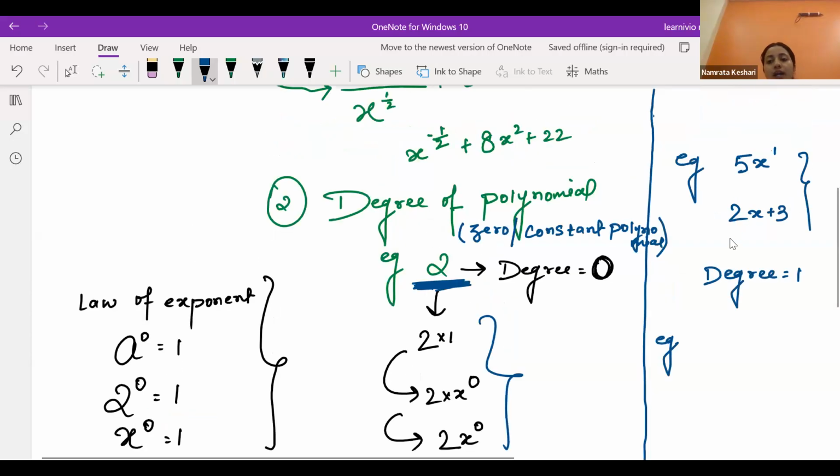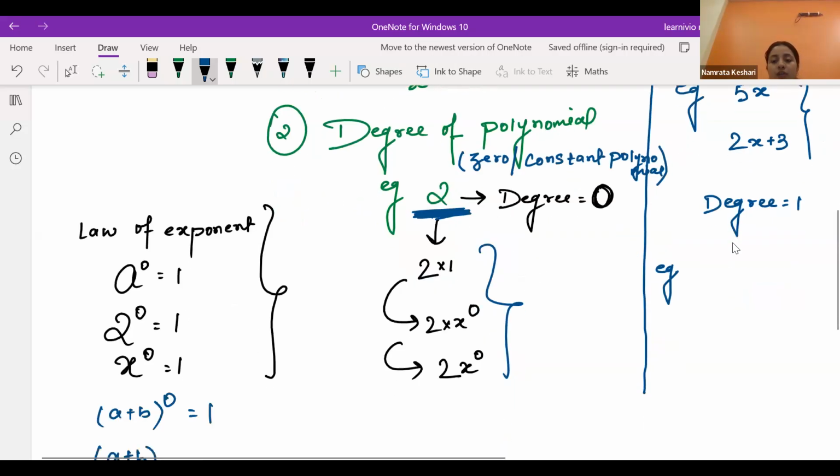On the other side, I have written a degree 1 polynomial, called a linear polynomial. A degree 2 polynomial is called a quadratic polynomial. The standard form of the polynomial is ax square plus bx plus c.